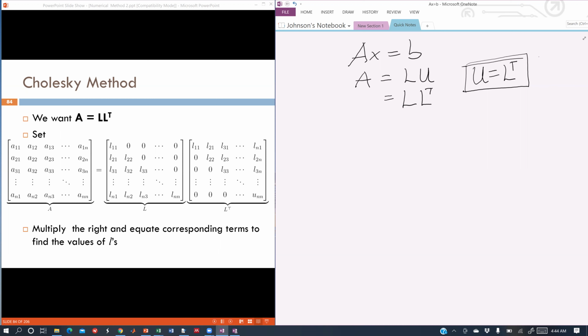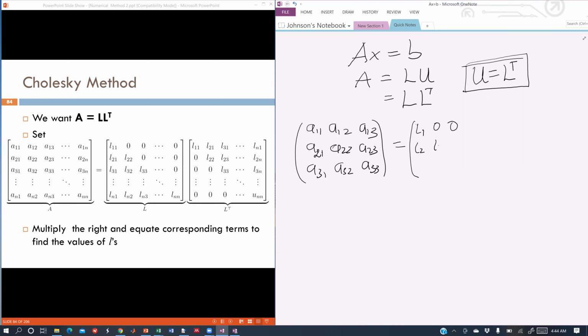So as usual, I'm going to go for a smaller matrix as A11, A12, A13, A21, A22, A23, A31, A32, A33. This is my matrix, and the Cholesky decomposition comes in this form. Write the L: L1, 0, 0, L2, L3, 0, L4, L5, L6.